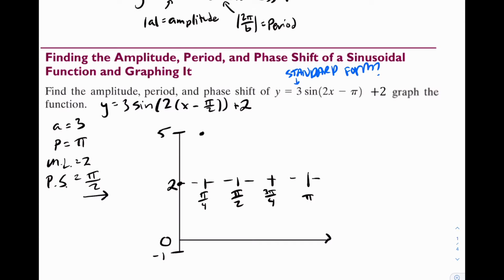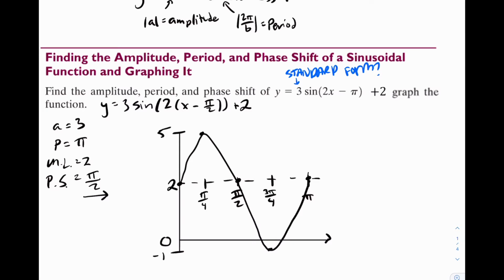Here in the middle, it's positive sine, so it should look something like this. Here to there to there. Okay, now we understand that that is not the actual graph. That is just the graph that has not been shifted.